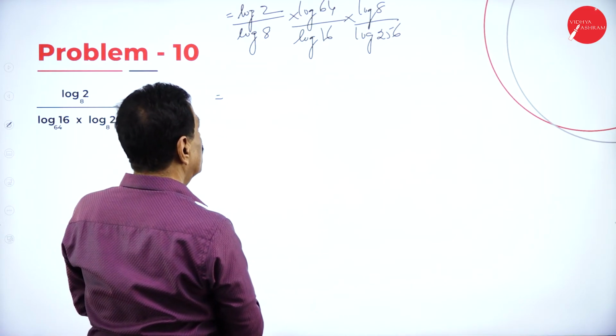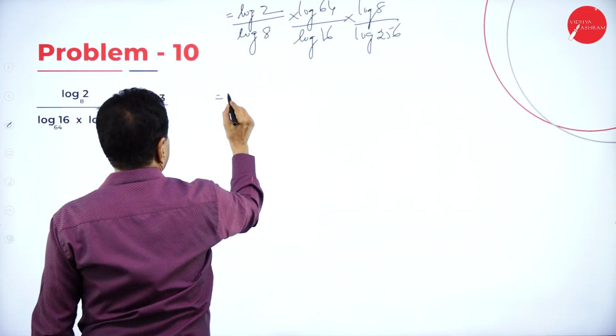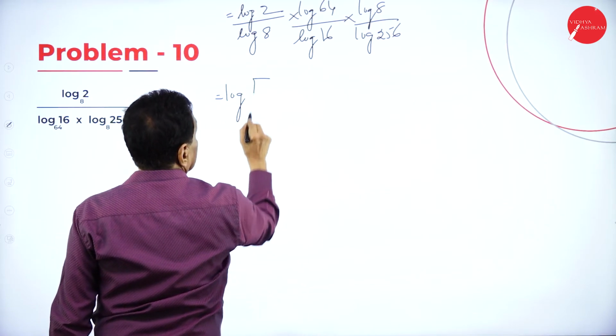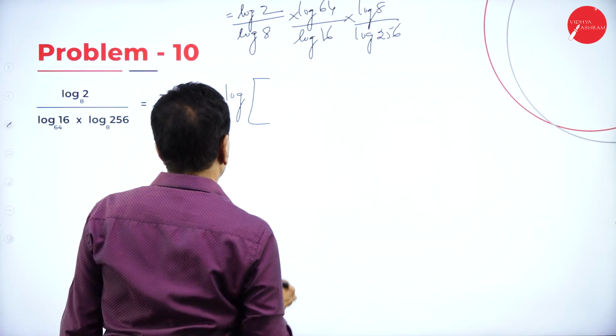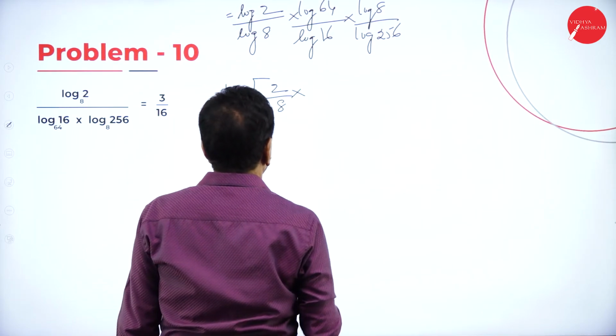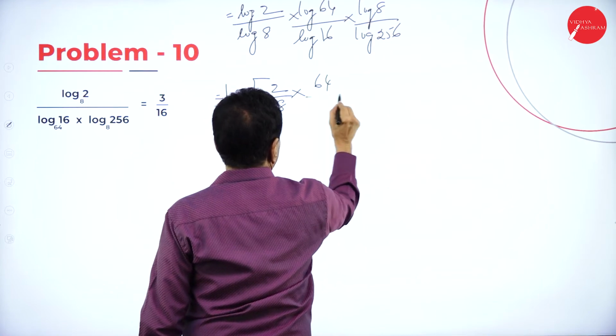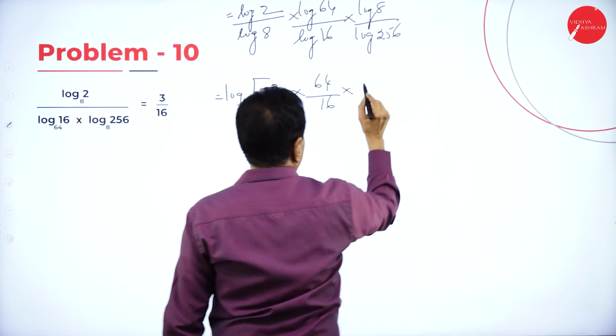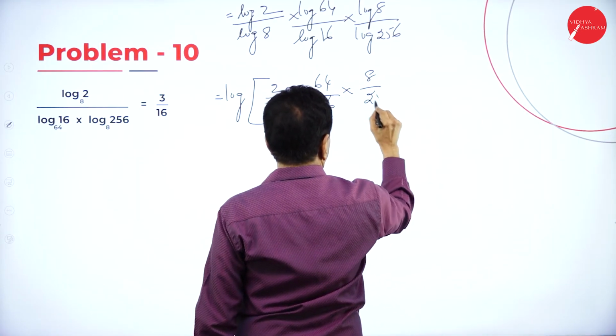This is log 64. You have 2 by 8, 64 divided by 16, 8 divided by 256.